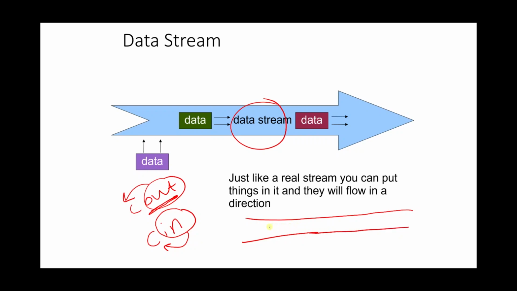Here is our data stream. If we are sending from the program to the console, then we are using cout. If we are sending the opposite way, from the console, the keyboard, to the program to store it in a variable in our source code, then we are using cin.